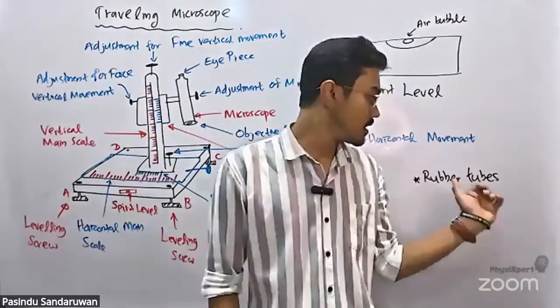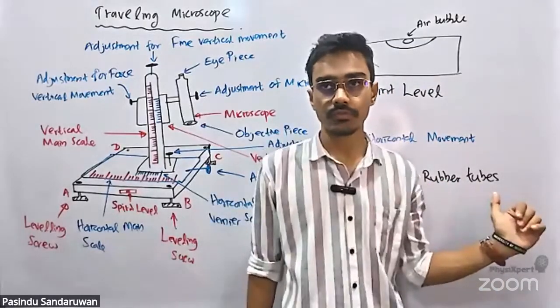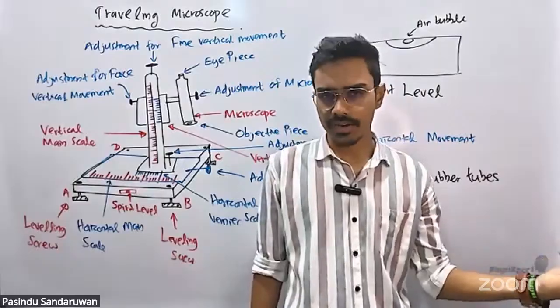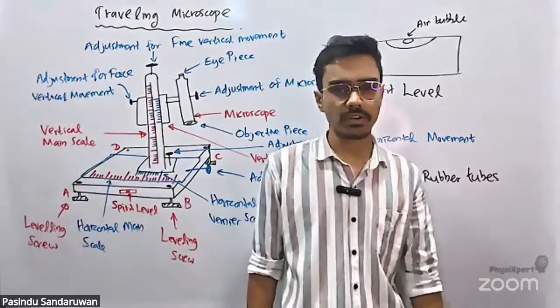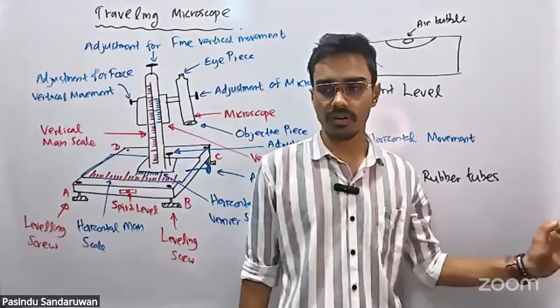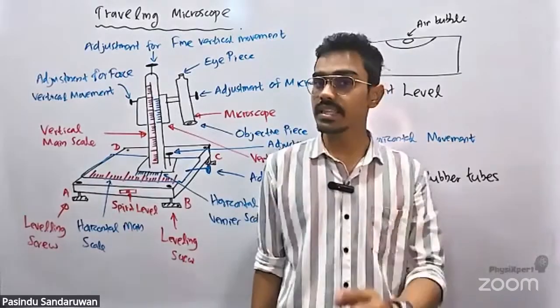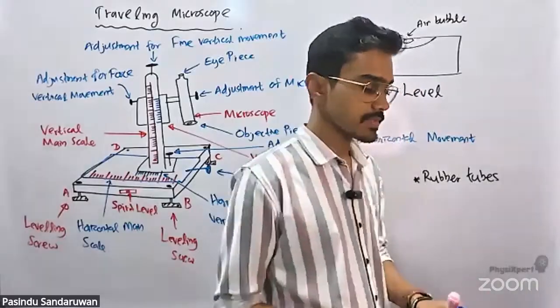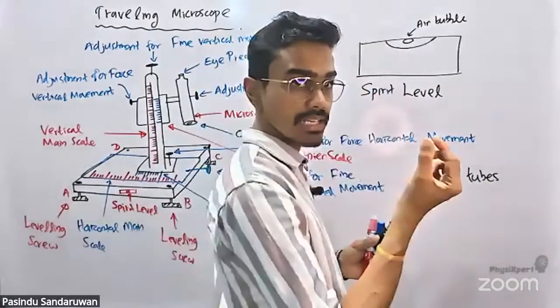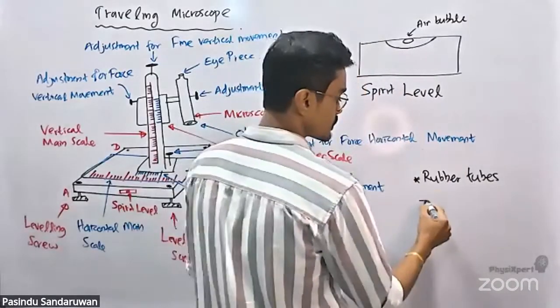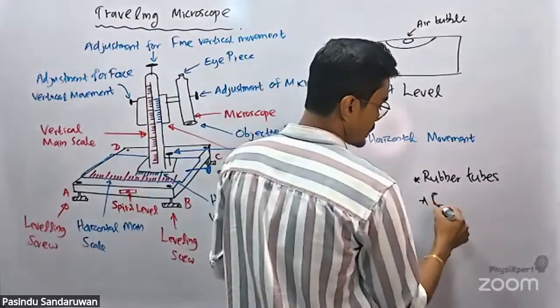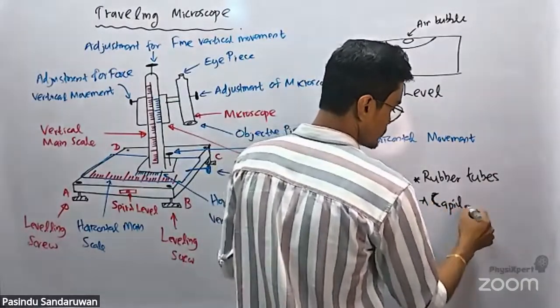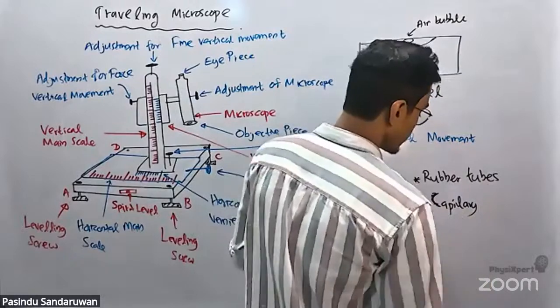Rubber, not glass tubes. For glass, the vernier caliper or micrometer screw gauge can also be used. For rubber tubes, only the traveling microscope. Other than that, this can be used to measure capillary tubes.